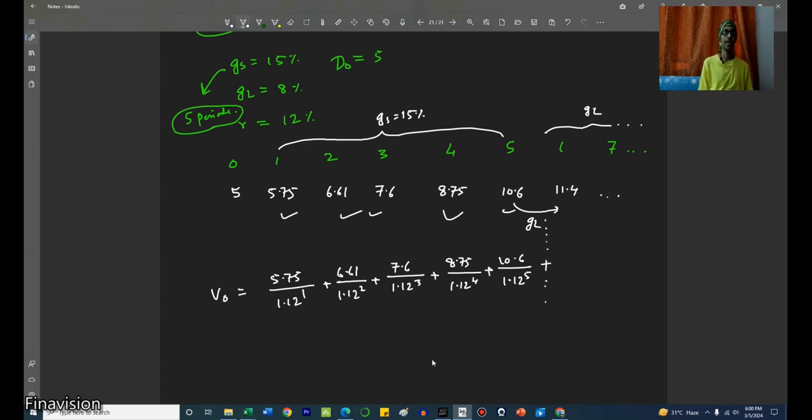Now let's say this is D5. If we multiply this one time with GL, that means we have got D6, right?